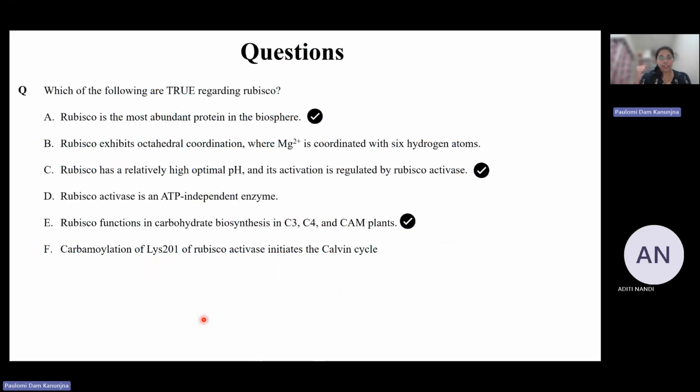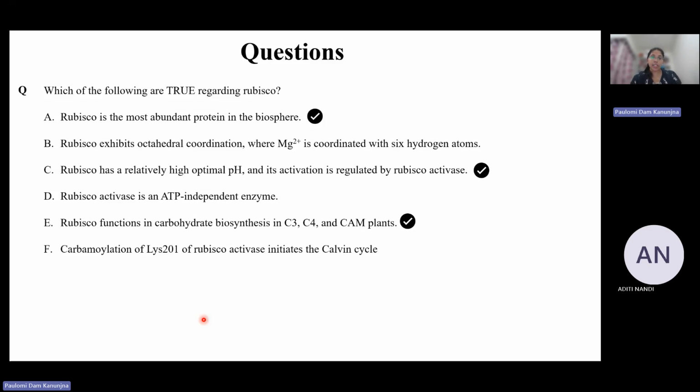It's with water. Okay. Then we have Rubisco has a relatively high optimal pH and its activation is regulated by Rubisco activase. Right. So I told you, you have to look into how Rubisco is regulated. So one of the important points that you need to remember is that it's basically activated by an enzyme for it to function, which is called Rubisco activase.